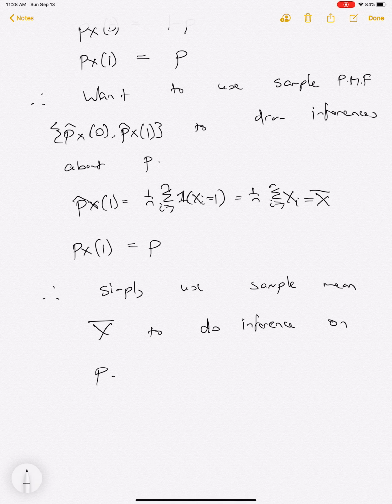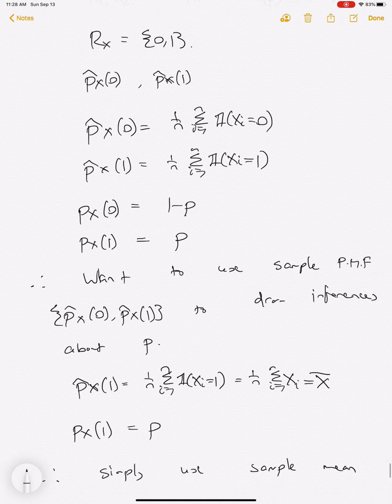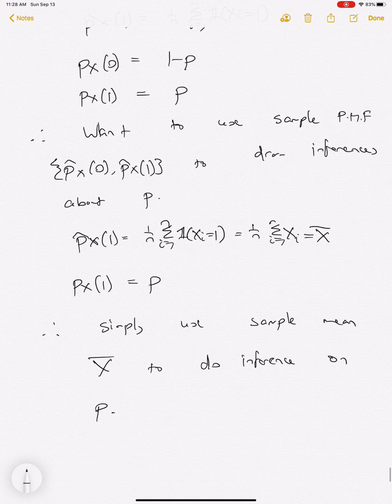So what we've revealed here through the sample PMF is not very groundbreaking, but why it's useful is it reinforces one of the ideas that we've already had, which is that if you've got a Bernoulli distribution and you want to draw inferences about the proportion, so the proportion of people who vote in a certain way, you can just look at the sample mean.